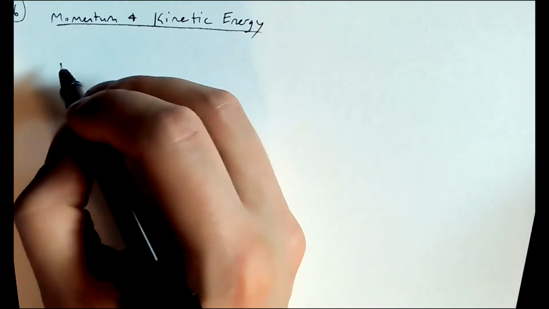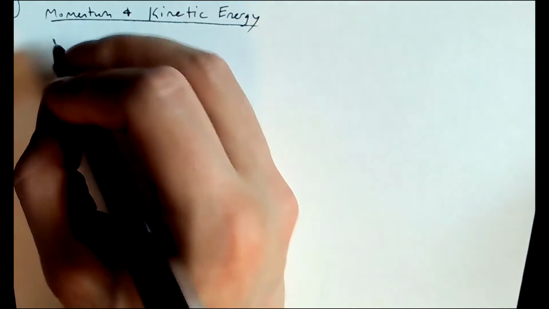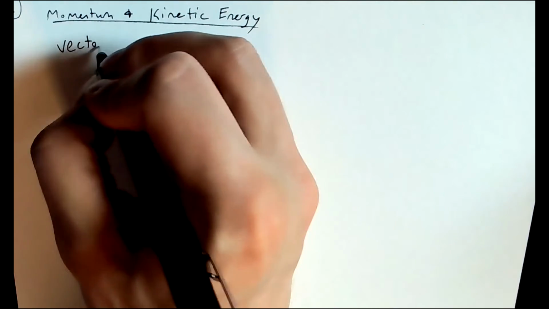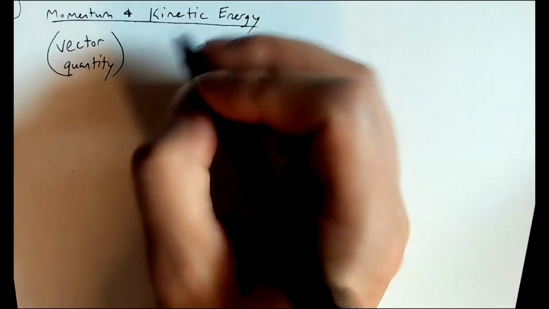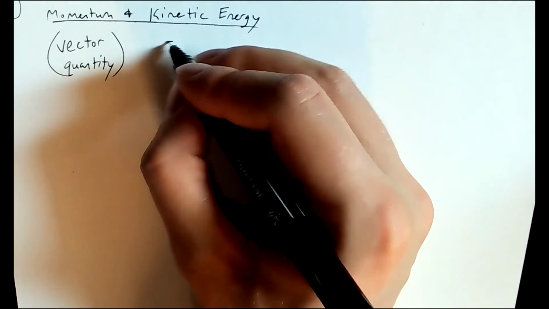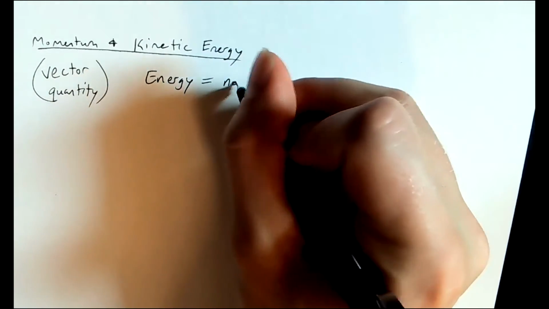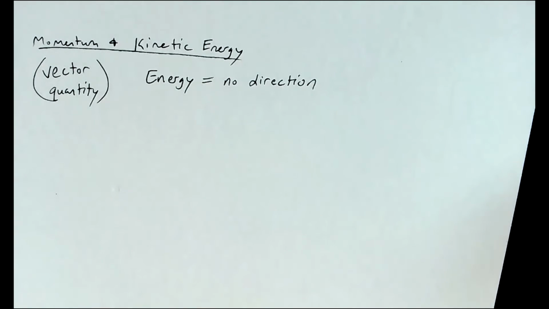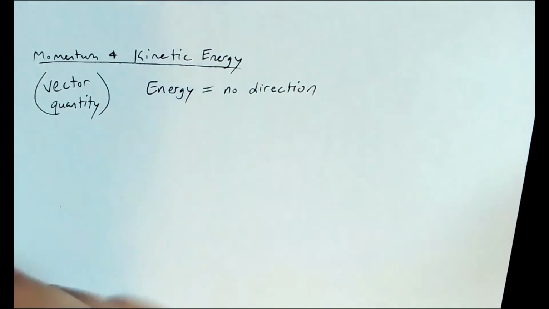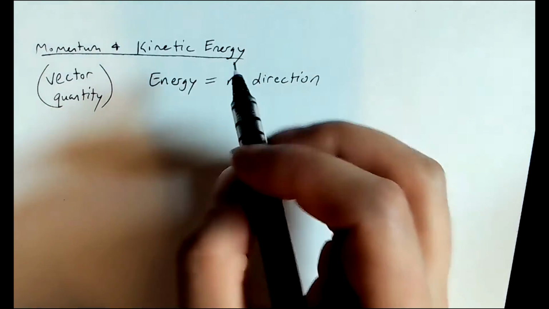Momentum, we're dealing with a vector quantity. However, kinetic energy in general, no direction. There's not really a direction when it comes to kinetic energy. Whereas momentum does have a direction in addition to magnitude.